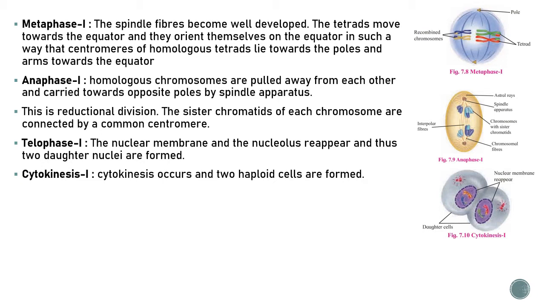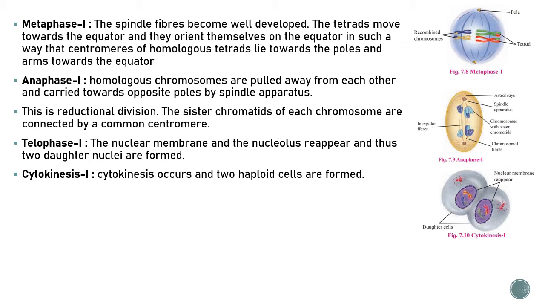You can see the spindle apparatus from each pole, which helps to pull the homologous chromosomes away from each other. This is disjunction. The two sister chromatids of each chromosome do not separate in meiosis first. Remember this.